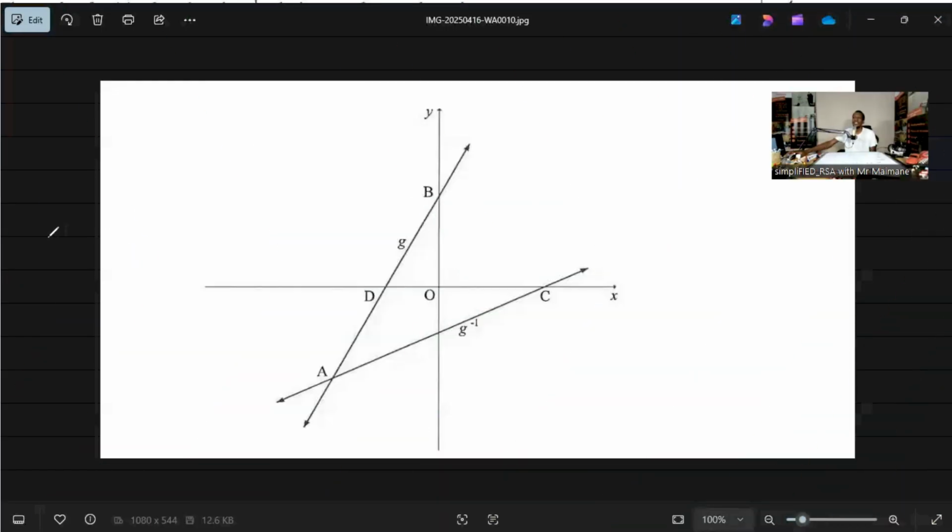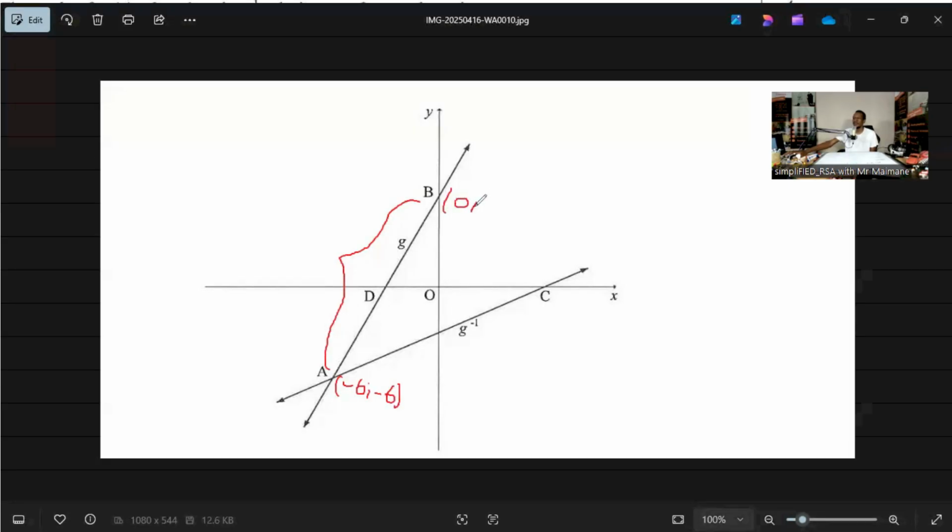Now, to get the length of AB, it's going to be easy because I already know the coordinates of A. I know that the coordinates of A are -6 and -6, as calculated from the previous video. And I know that the coordinates of B are 0 and 6.